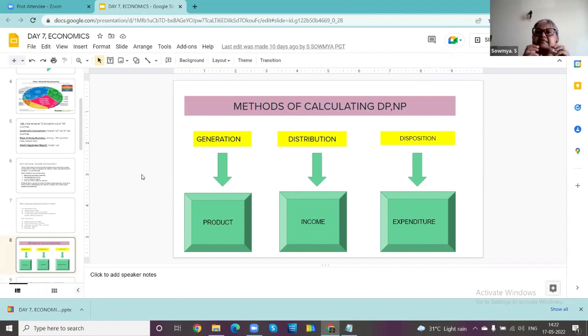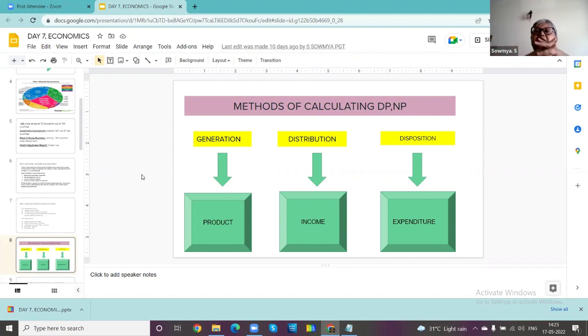So products are generated, income is also generated, and it is the firm sector which is going to generate the products and the income. So after generating this income, they're going to distribute the income. So the product generation stage is the value added method or the product method, right? Then the factor income that is generated by the firms is going to be distributed among the households.